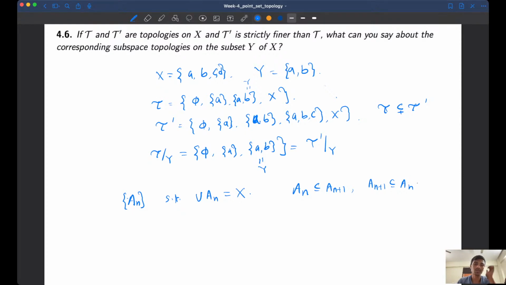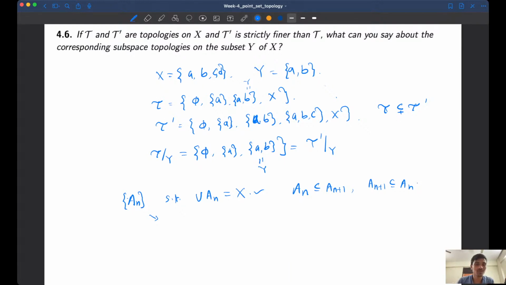So the first condition is already given, and the second comes from the nested property. So this collection always forms a basis of some topology, and the topology will be exactly these A_n sets, because any arbitrary union is again an element of this collection. So the topology generated by this collection is the same as the collection itself. That is one small observation.